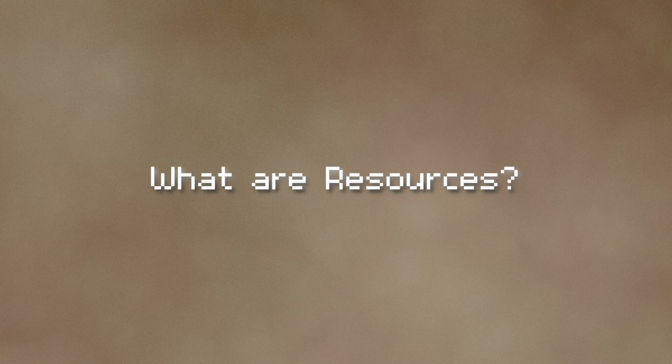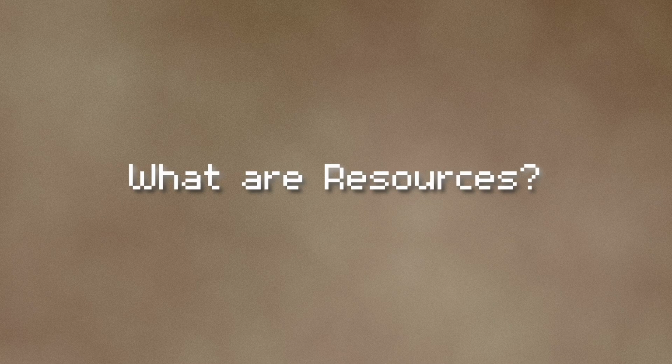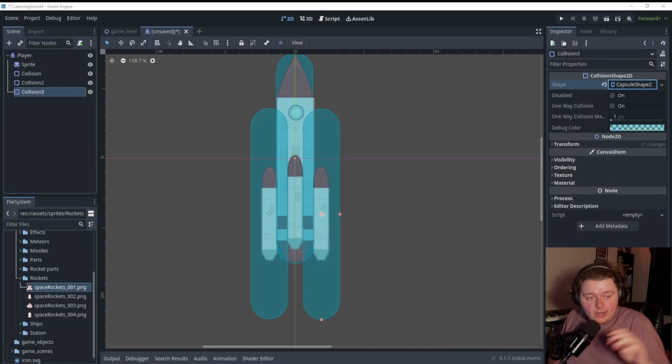Like we talked about before, nodes give you functionality. They can draw sprites, they can do all sorts of things like that. They are things that allow you to do stuff. Resources, on the other hand, contain data. Their job is to have variables and data types that allow you to access them and use them.